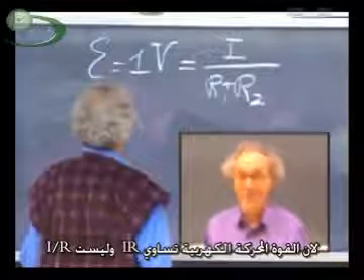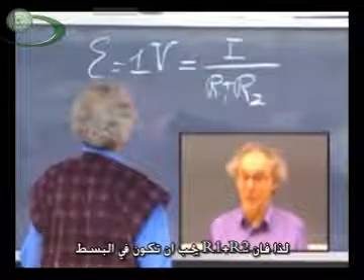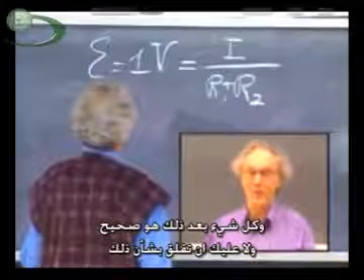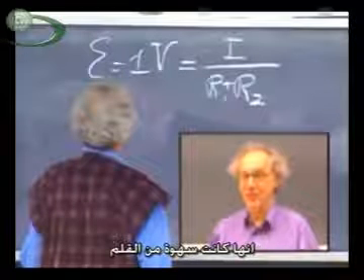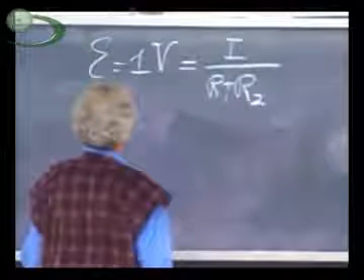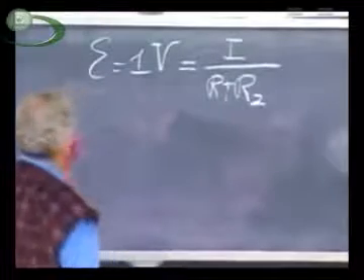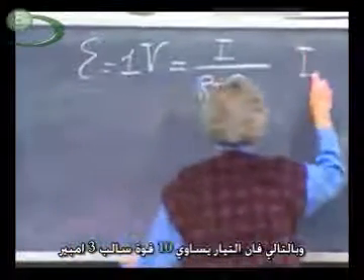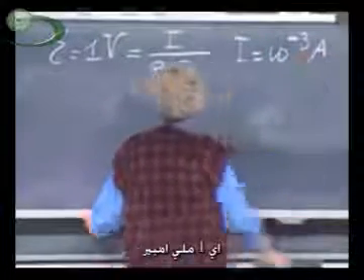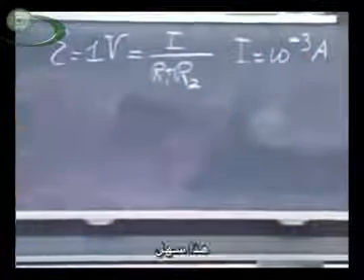Not I over R. So R1 plus R2 should go upstairs. And everything that follows is correct, so you don't have to worry about that. This was just a big slip of the pen. And so the current I is 10 to the minus 3 amperes. 1 milliampere. Big deal. Easy.